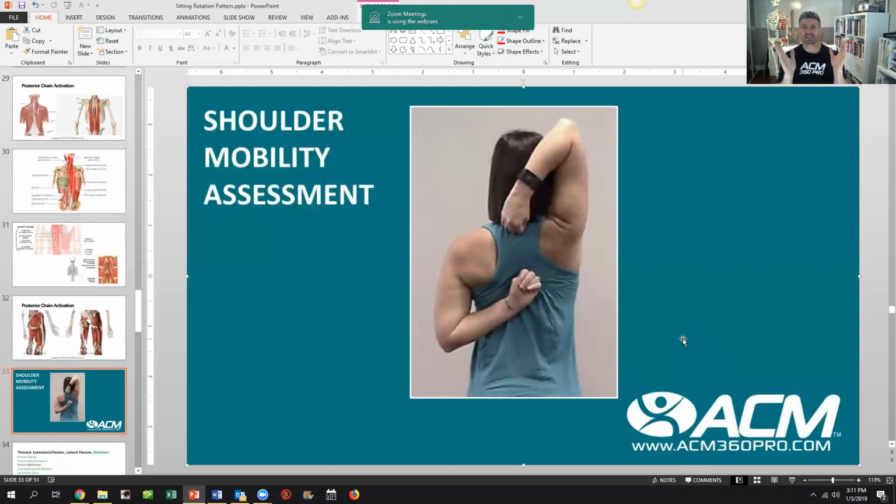I've got pretty good extension in my backward bend, but my shoulder flexion is extremely tight. So when I come to this pattern, again, I've had multiple shoulder injuries, dislocation and rotator cuff repair, and I've had a torn bicep and multiple rotator cuff tears in this shoulder. So based on my history, even if I didn't know me, watching my pattern, I'm going to suspect that when I get to this one, if I want to test it, I'm going to see some big restrictions.